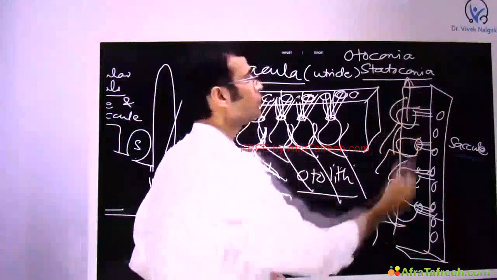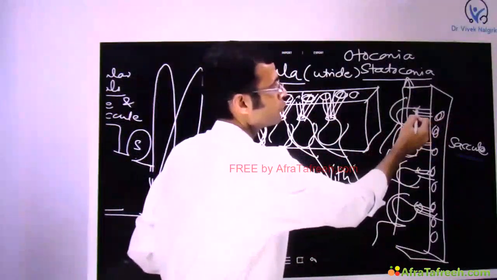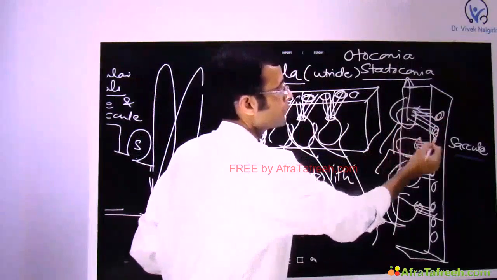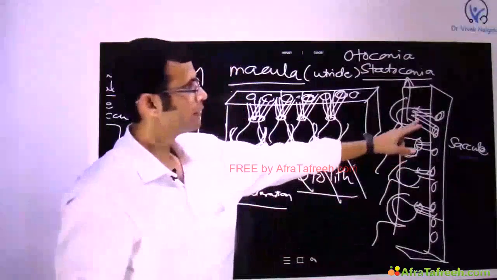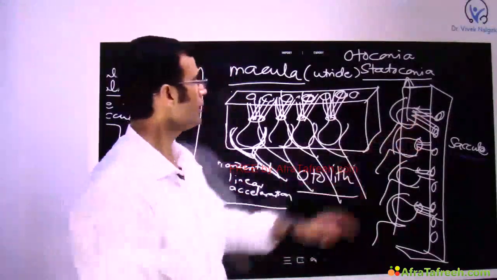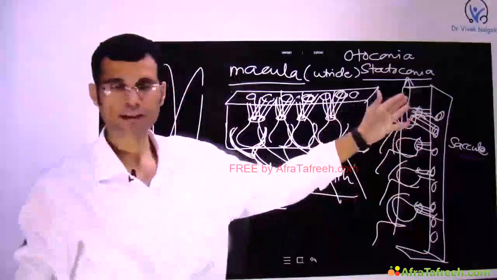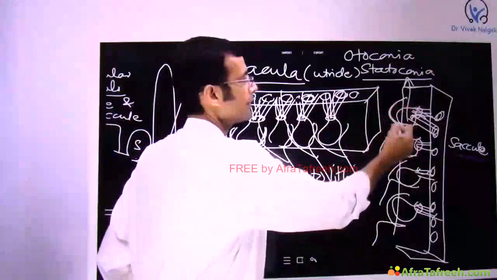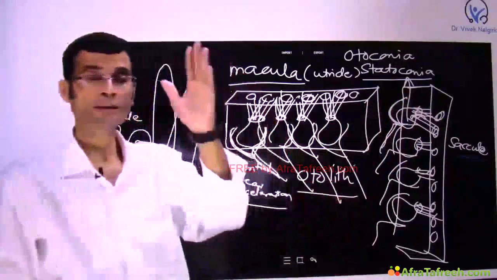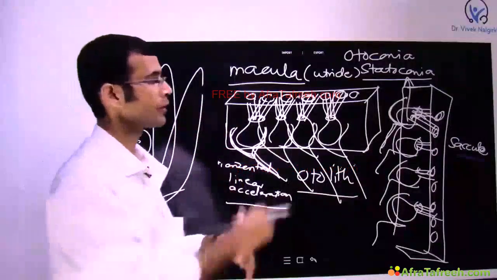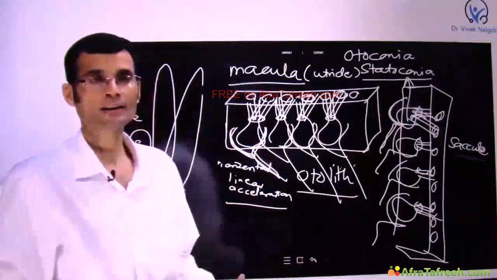Hair cells will start moving upward vertically, but otoconia will not move, and therefore there will be bending of stereocilia in the opposite direction. The potassium channels will be opened at the top of the hair cell. Potassium will enter, the hair cell will depolarize, and that will finally excite the vestibular nerve fibers, and it will send signals to the vestibular nuclei in the brain stem. Vestibulospinal tract will control our anti-gravity muscles, and we will maintain the balance.